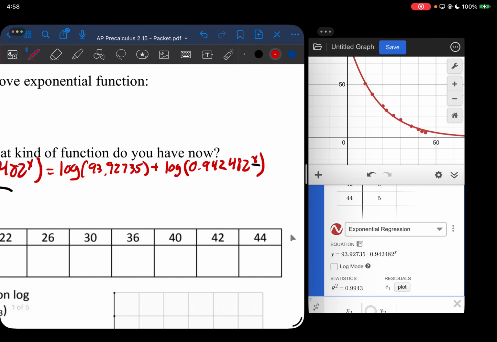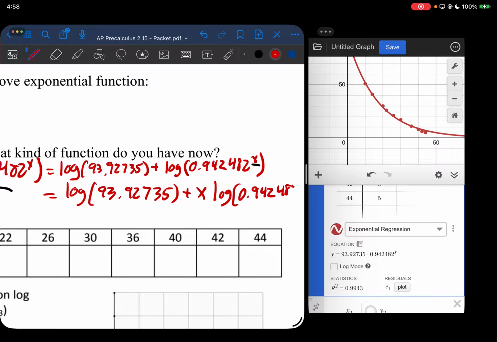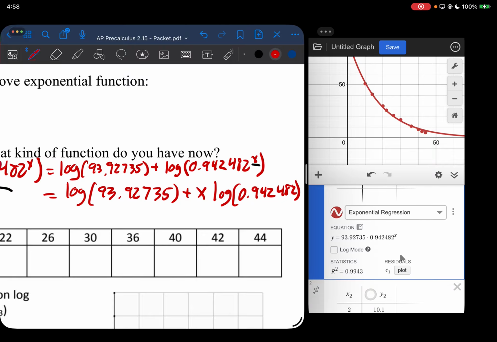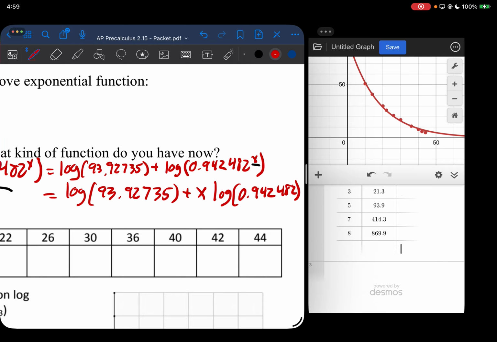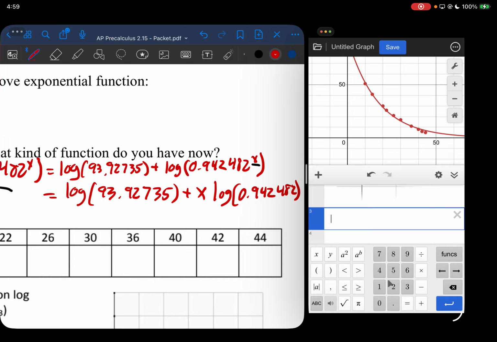And I can write this as log of 93.92735 plus x times log of 0.942482. And using my calculator, we can write what these values are.